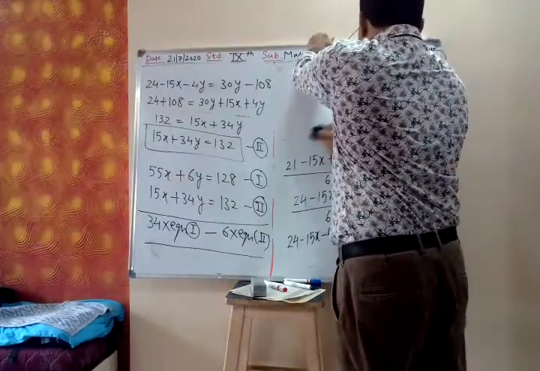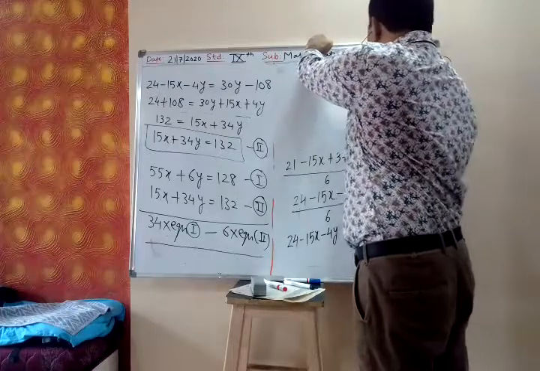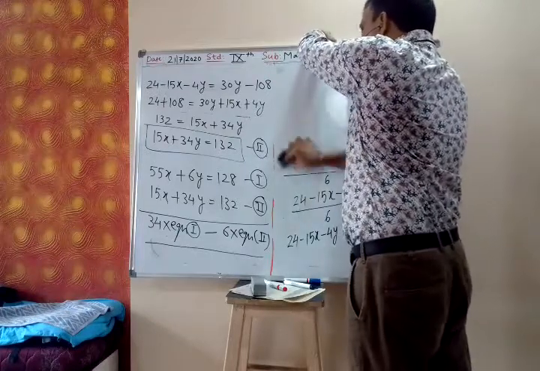Now the further part you can simplify. So multiply 34 into 55.